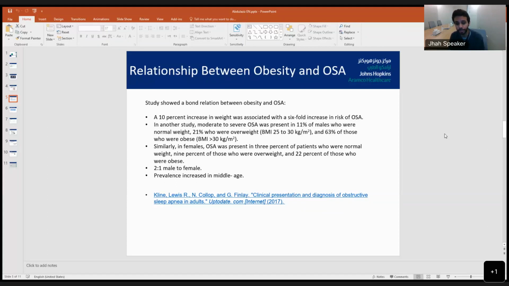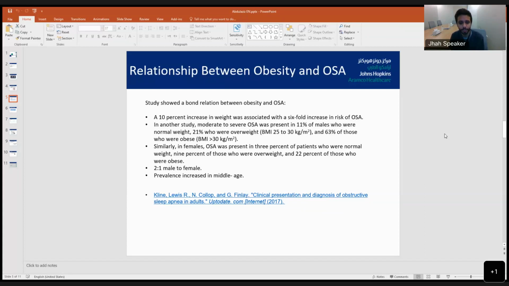And for the association between obesity and OSA, there is a 63% significance: those people are going to have OSA if their body mass index is greater than 30 kg/m². So if you compare, there is a significant increase in the risk of OSA with a BMI greater than 30.